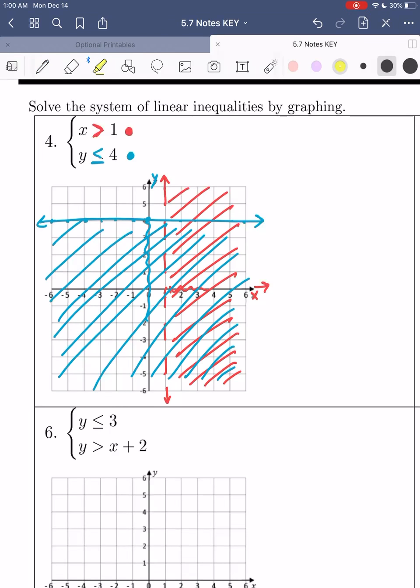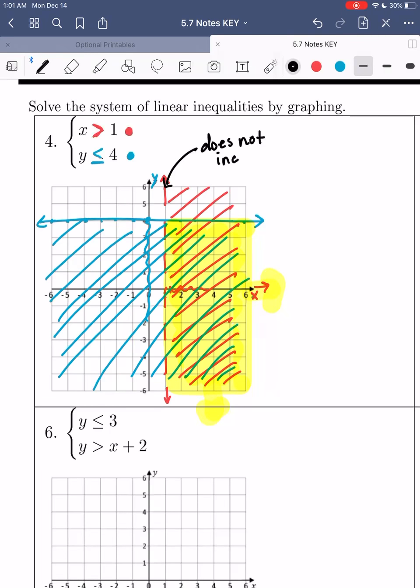But my solution set is the part of my graph that's shaded in both red and blue. So it's this corner over here. All of this. And it really keeps going out to the right and keeps going out down. Notice it does not include this boundary, because that is dashed.